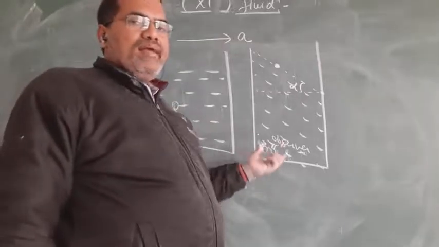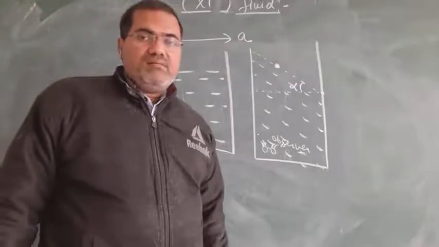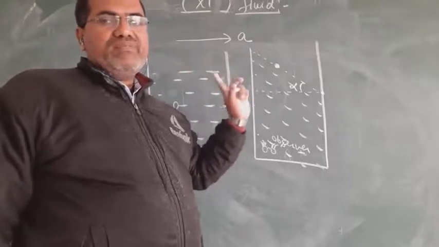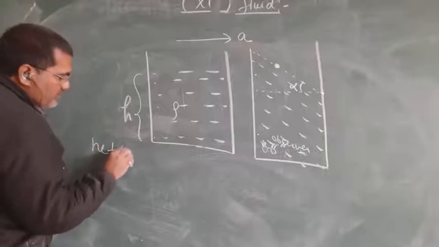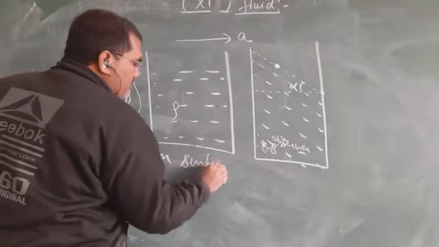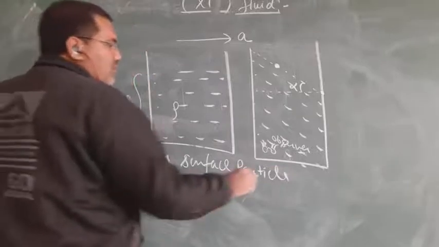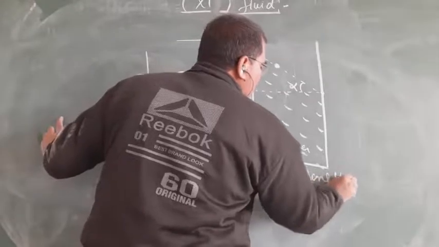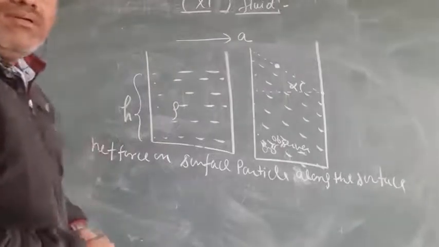So you can write the property of the fluid: the net force on the surface particle along the surface is 0. Very important, along the surface.